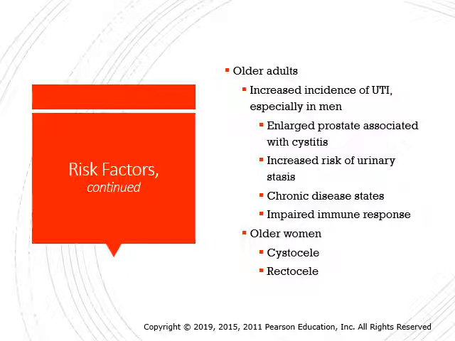And then a rectocele is where the wall between the vagina and the rectum becomes weakened, and those are conditions associated most often with age. We're not going to get into those, but those are two reasons why women may experience a greater risk in older age of urinary tract infection.